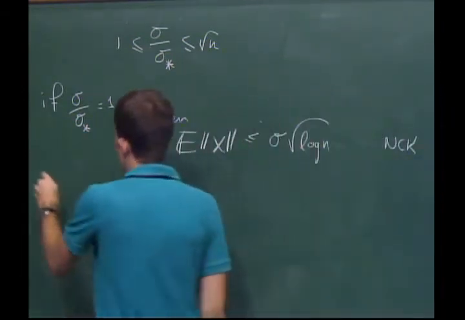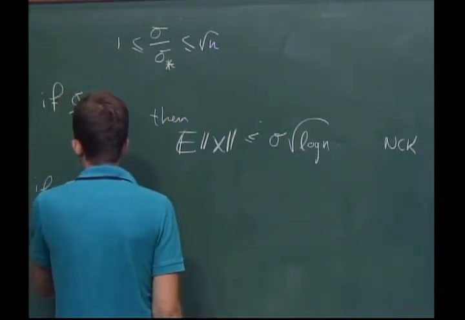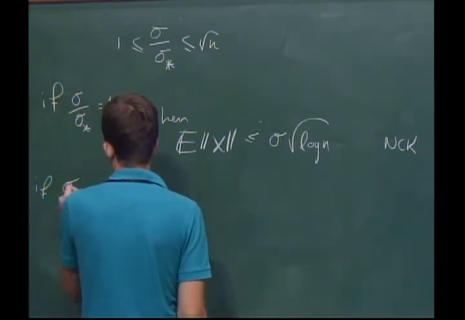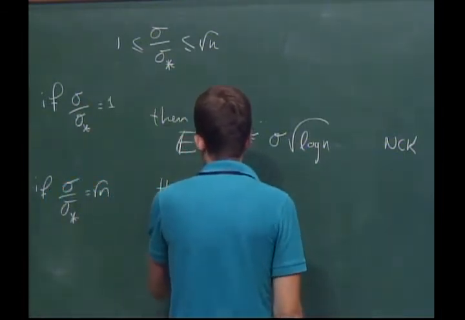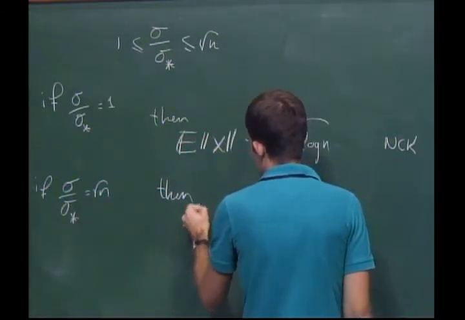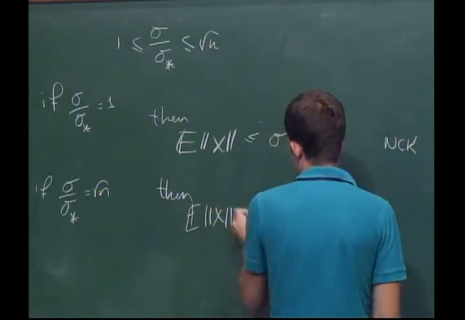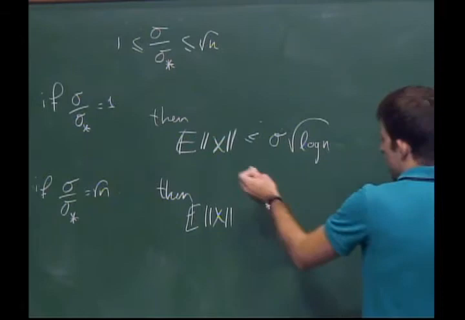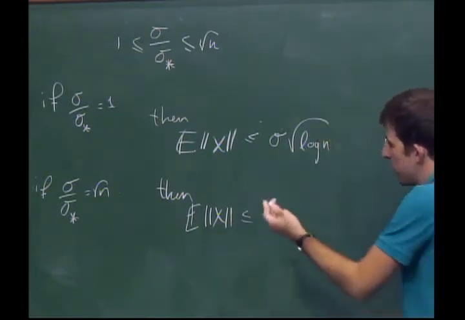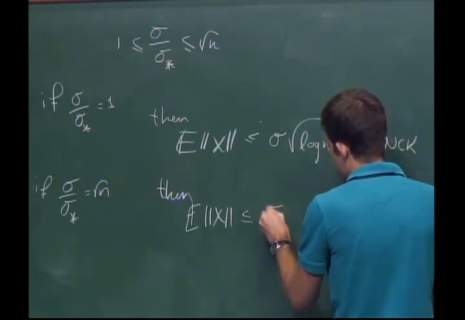On the other hand, if sigma is much bigger than sigma star, then the term sigma is the only one that matters, and sigma is square root n times sigma star.